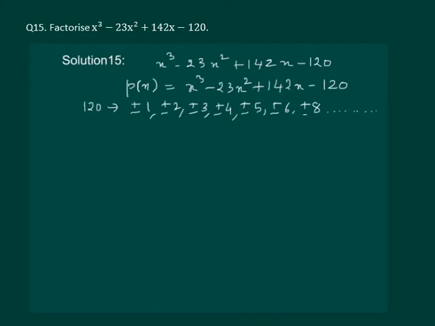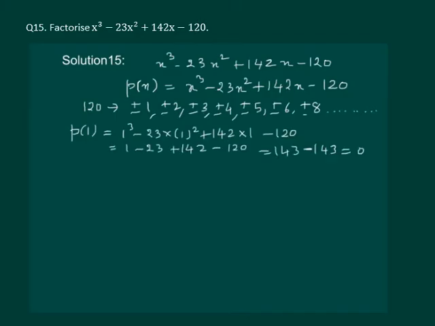Let us find px for x equal to 1. We find that p of 1 is equal to 0. So by factor theorem, x minus 1 is a factor of px.